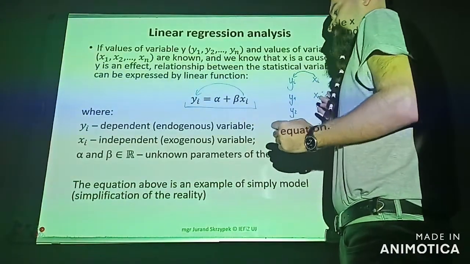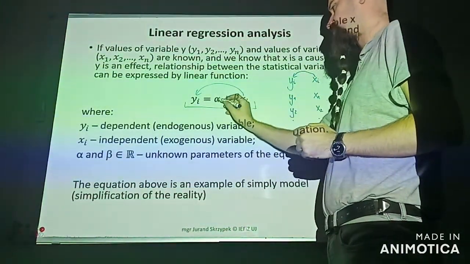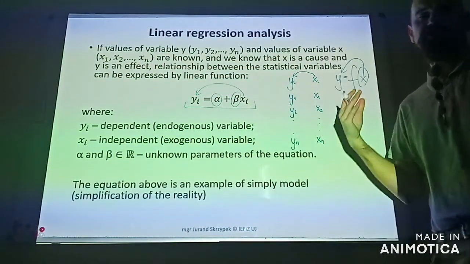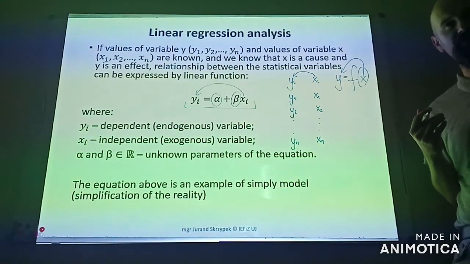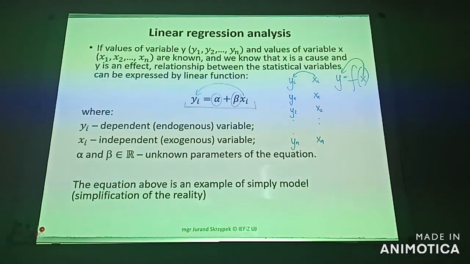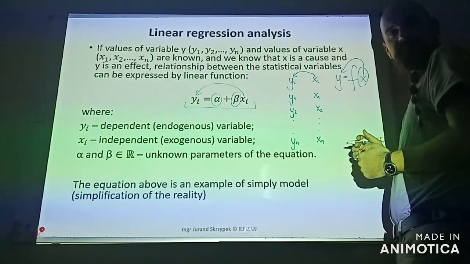In this simple economic model, we have two parameters, alpha and beta. The craft of the economic modeling is to find these unknown parameters of the equation based on the statistical data.